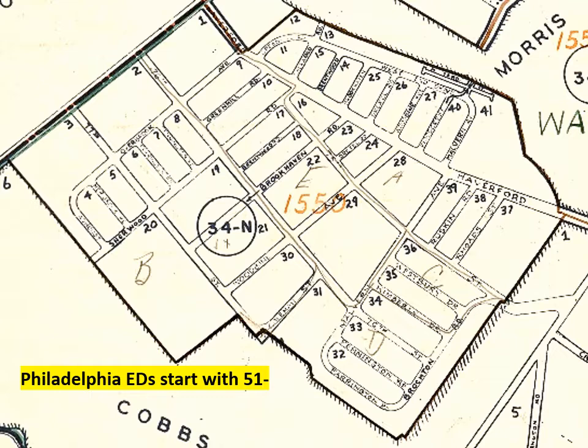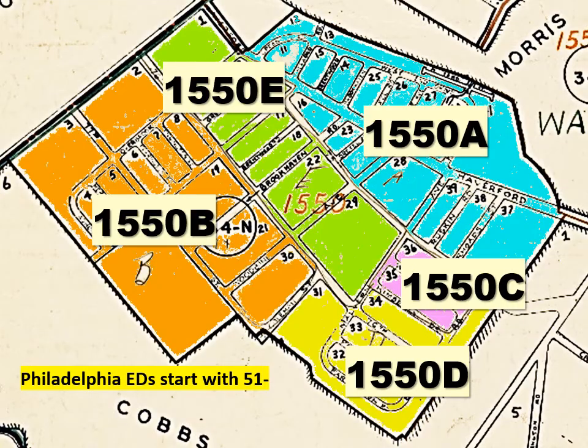And you can see that someone put in, probably in pencil, A, B, C, D. Well, that actually shows the enumeration district subdivisions. So somebody subdivided this, made actually 5 new enumeration districts from the original one. The 51-1550 no longer exists, and you may not know this.